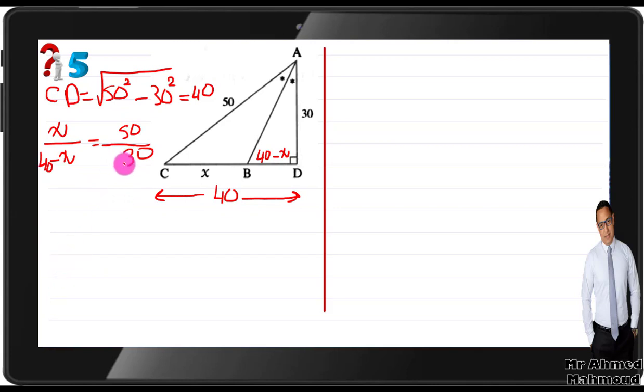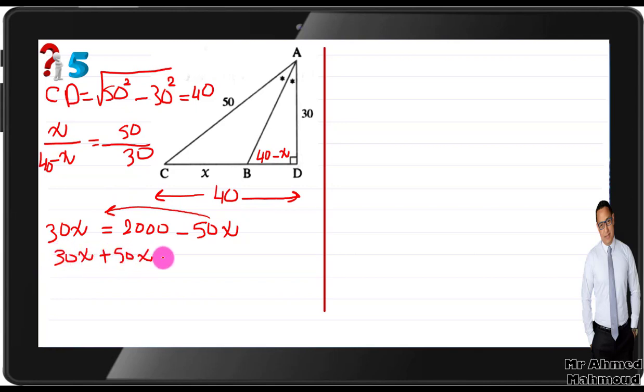30 times x equals 30x, equal to 50 times 40 equals 2000, and 50 times negative x equals negative 50x. Send 50x from the right to the left side, so 30x plus 50x equals 2000.